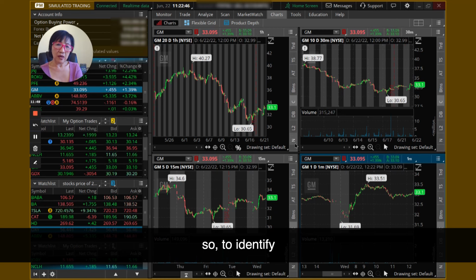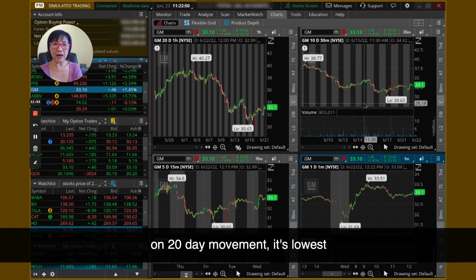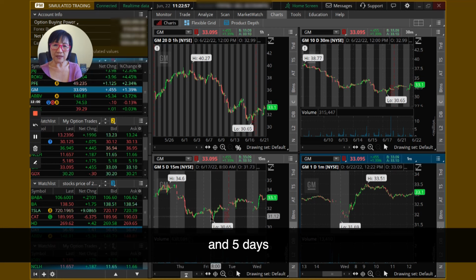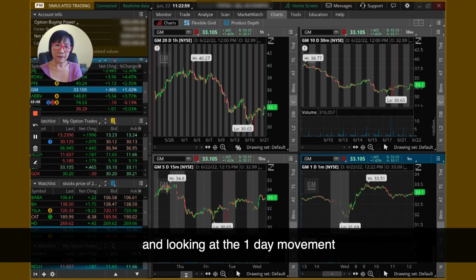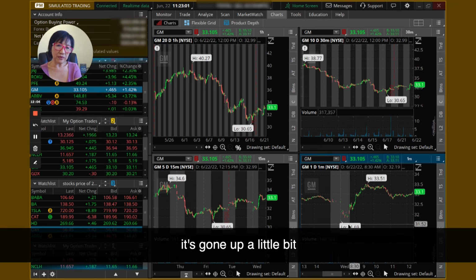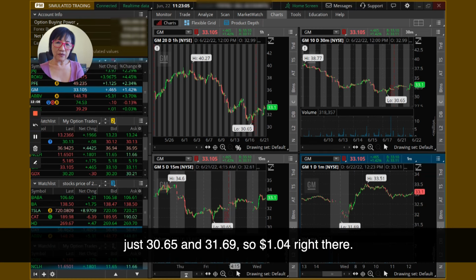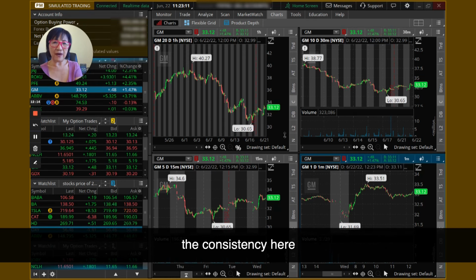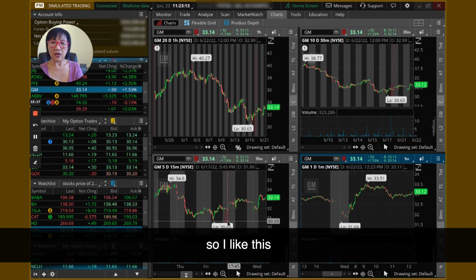So I'm identifying the consistency of 30.65 on the 20-day movement as lowest, and 30.65 on 10-day, and 30.65 on 5-day. And looking at the 1-day movement, it's gone up a little bit right here, like $1 or so, because there's 30.65 and 31.69, so $1.04 right there. But that's okay, I'm just identifying the consistency here. So that's good. I like this.